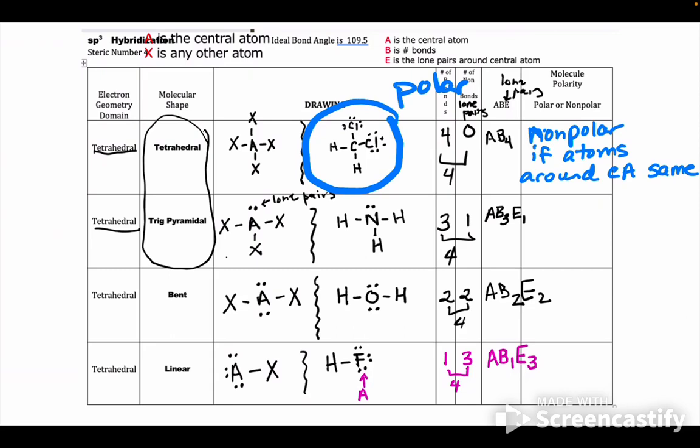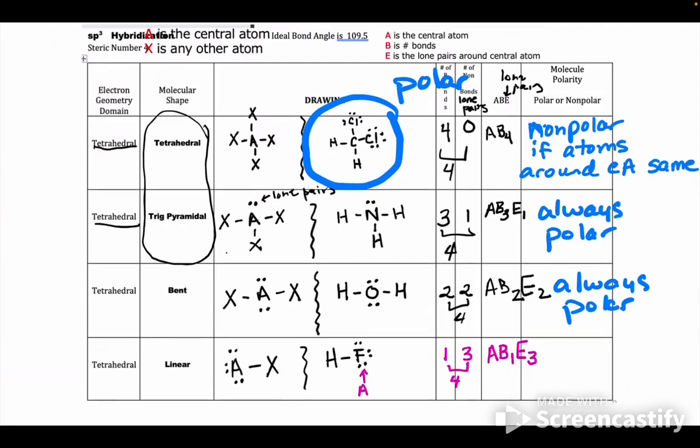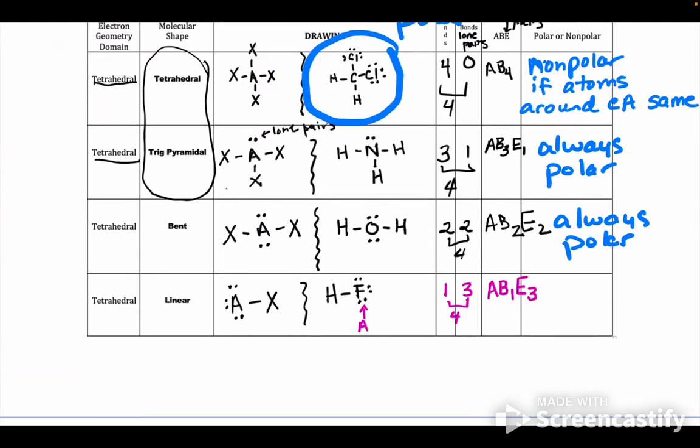Trig pyramidal, remember they're always polar. So are bent. And then linear, they're nonpolar if they're identical atoms. So in this case, this one's polar. So I would put here sometimes polar.